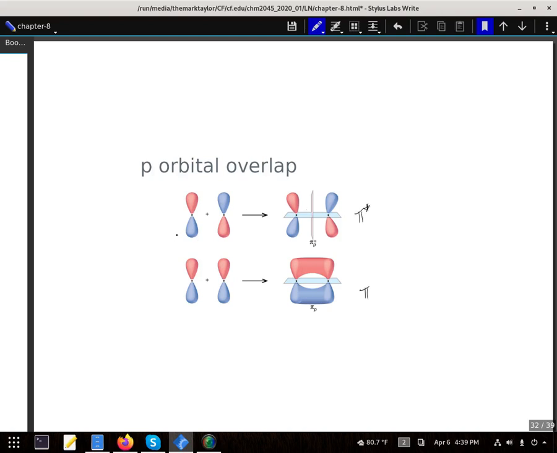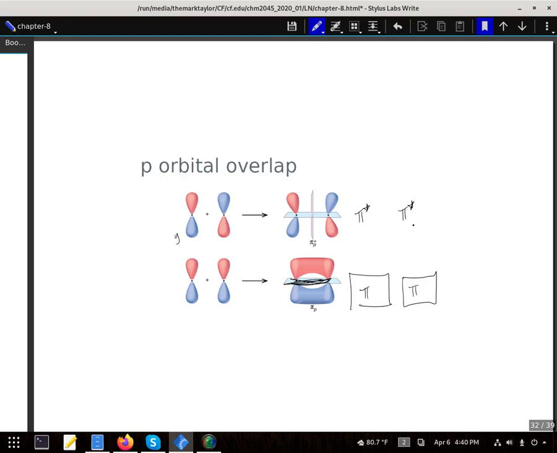But if these are along the y-axis, there's also some coming out of you in the z-axis. So there's another orbital, it'd be kind of like right here on top of us. So there are actually two pi orbitals that are like 90 degrees from each other. Therefore, there's two pi star orbitals.